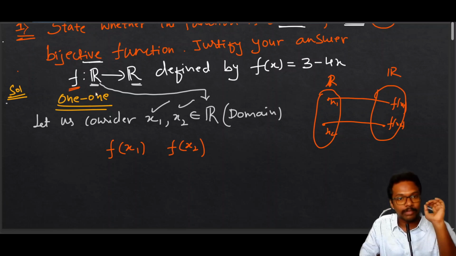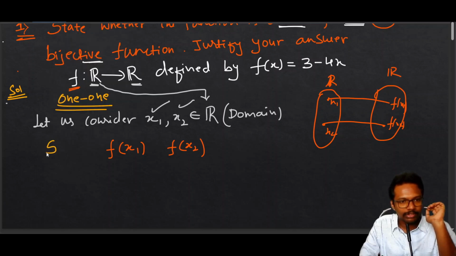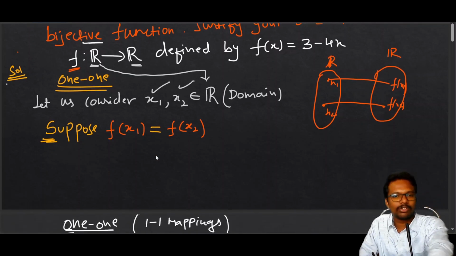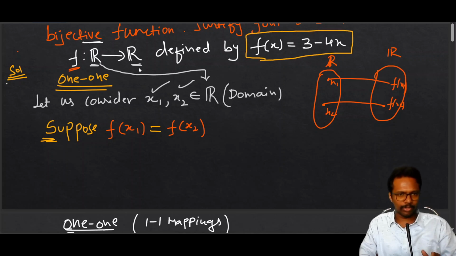So next our main target: suppose f of x1 equals f of x2. What is f of x1 here? In the question they have given a function mapping from R to R, domain and codomain, and the function value is in the question itself.